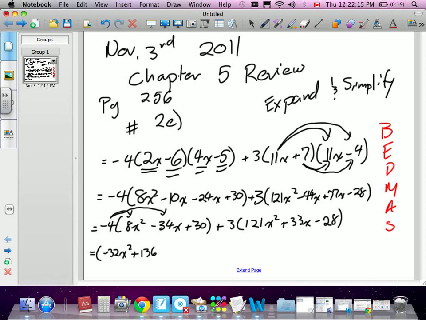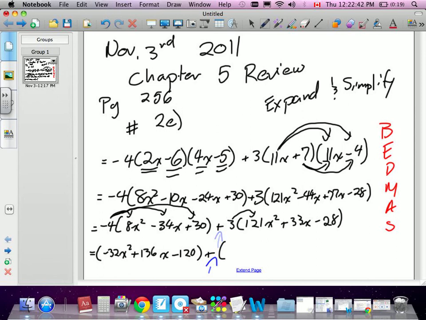So when I distribute the -4 times 8x, I get -32x squared. -4 times -34 gives us positive, what is that, 136x, is that right? Someone double check that as I go through. And -4 times 30 is going to give us -120. Okay, so I've distributed the -4.